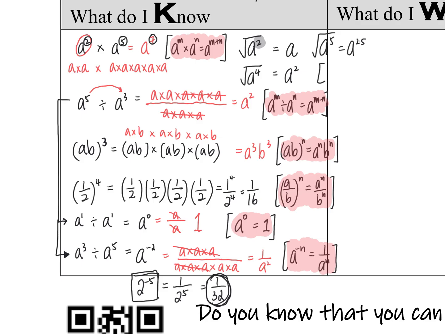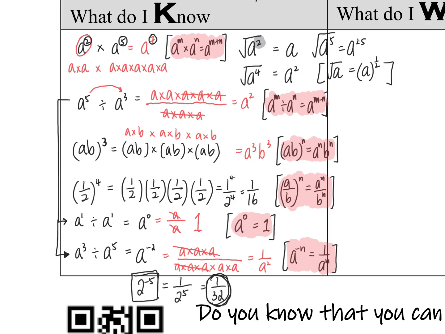Okay, so what they are trying to tell you is square root is the equivalent of power half. So if you have any power that is attached to A and you take a square root, it means raise it to power half.